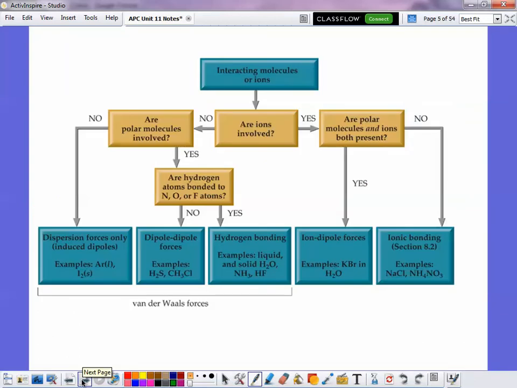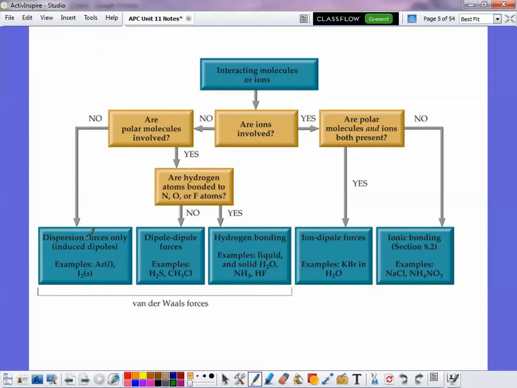So, when trying to determine if we have interacting molecules or ions, we could talk about ions interacting as well. First of all, if ions are not involved, then we're mainly going to be talking about what types of compounds? Covalent. All right, so looking at this left side, this is all for covalent, okay? If there are polar molecules involved, so that's your next question.